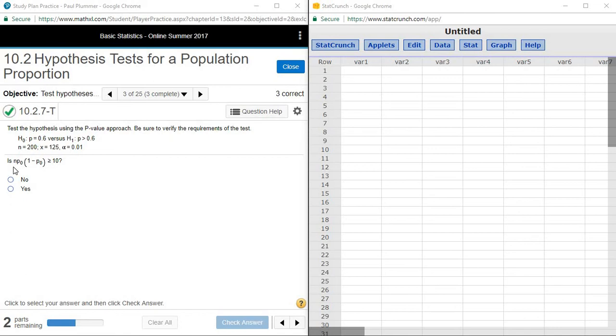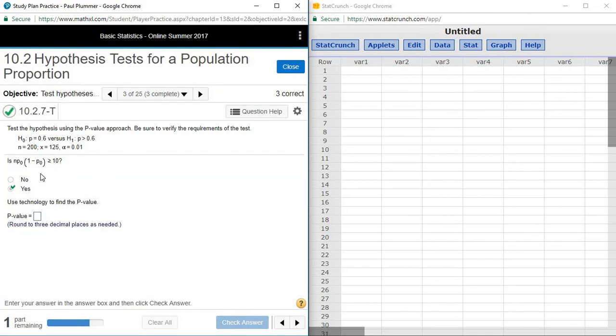So if we take our sample size 200 times 0.6 times 1 minus 0.6, that equals 24, which is greater than 10, and so the answer is yes. So you want to make sure that you actually calculate that on a calculator on these problems. Otherwise, you may run into a problem where it does not work.